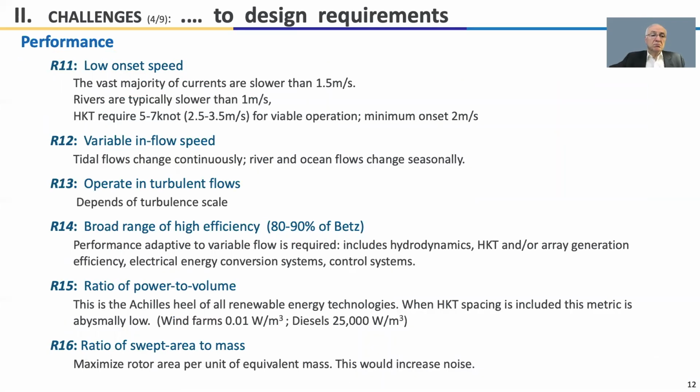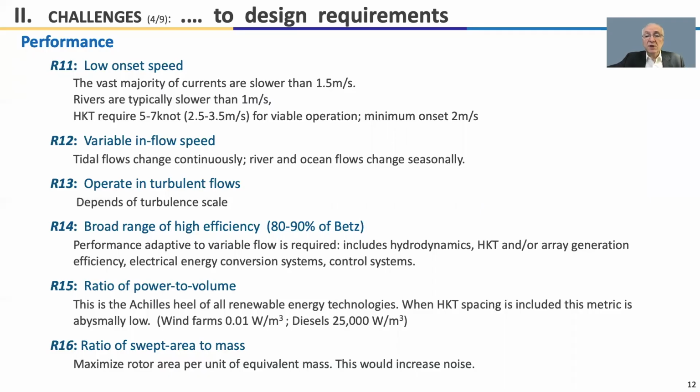Performance, the two most important ones are, number one, low onset speed. We need to lower the speed at which our hydrokinetic energy devices can operate. The vast majority of currents are slower than 1.5 meters per second. Rivers are typically slower than 1 meter per second.